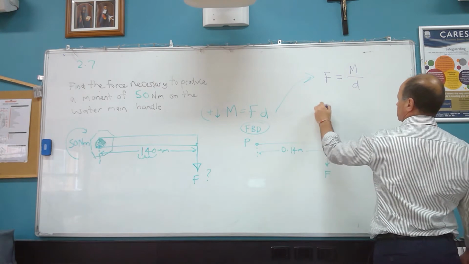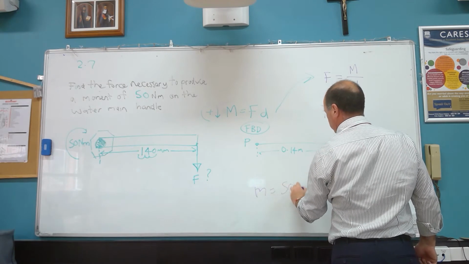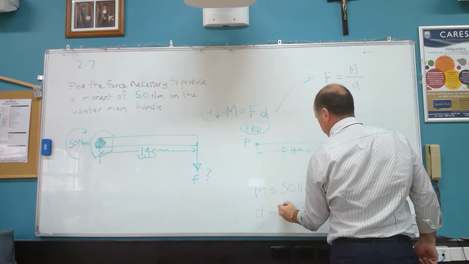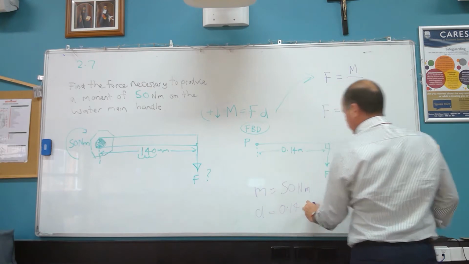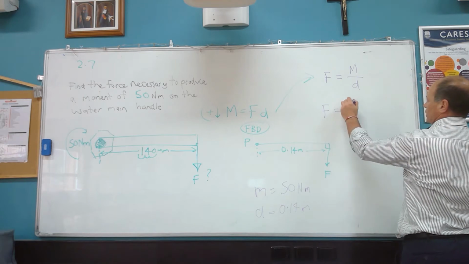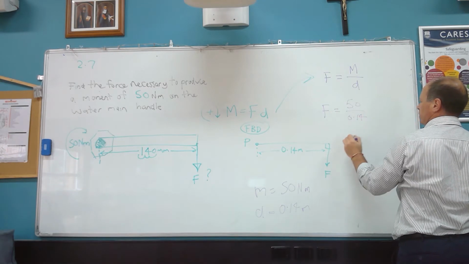So we go force is equal to, well, we know our moment is equal to 50 Newton meters. We know our distance is equal to 0.14 meters. Put that up on our free body diagram. So we're going to say 50 over 0.14.